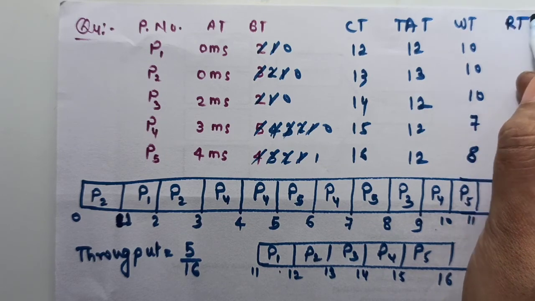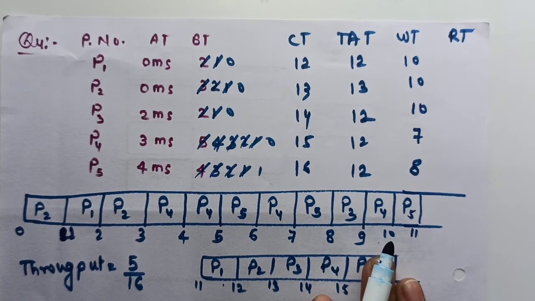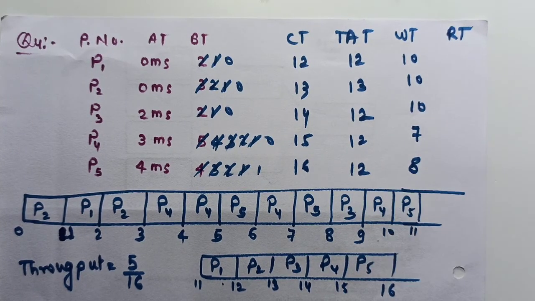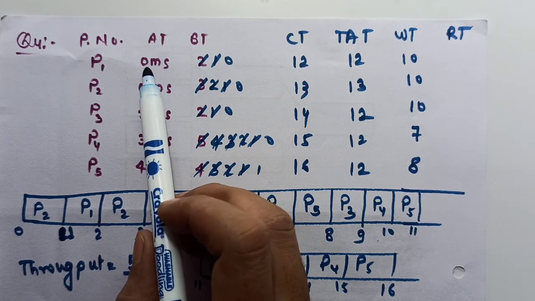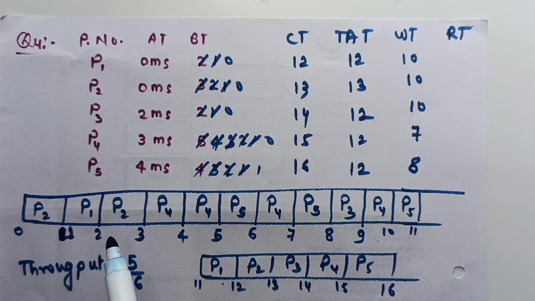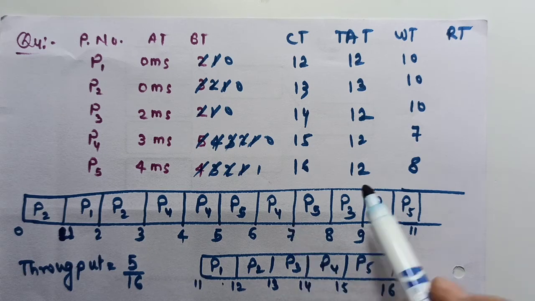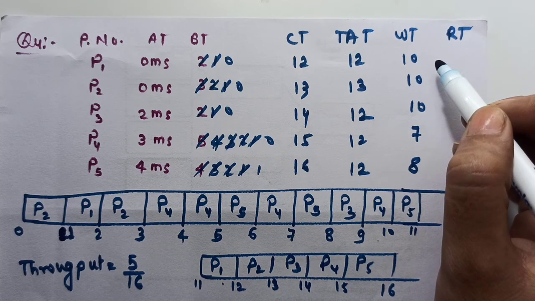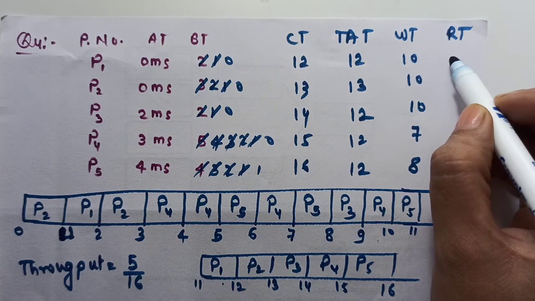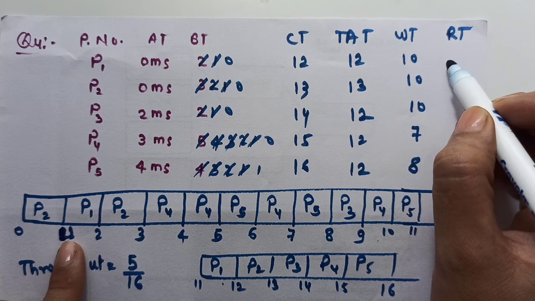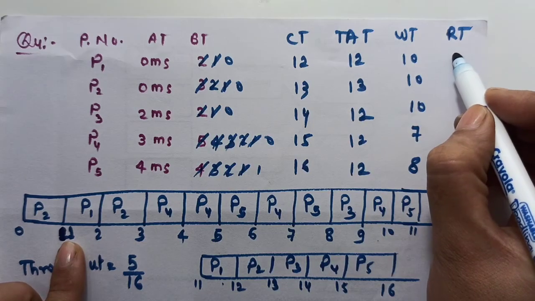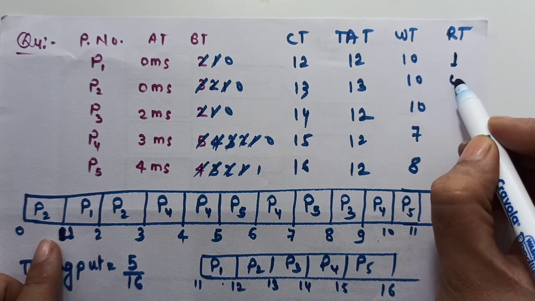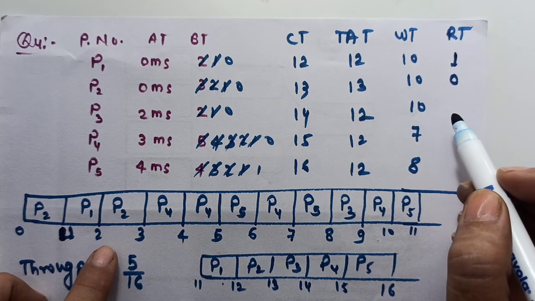Here we can calculate the response time as well. So what is the response time? The interval, the time between the arrival of the process and when it is assigned the CPU for the first time. इनके बीच में जितना gap है, that is the response time. So what is the response time? Process P1 का response time, it was assigned at time 1 but it arrived at 0, so 1. P2 arrived at 0 and was assigned at 0.